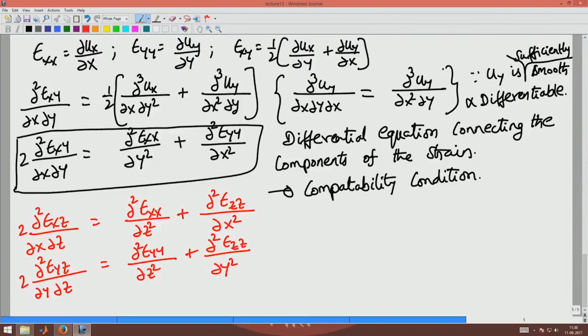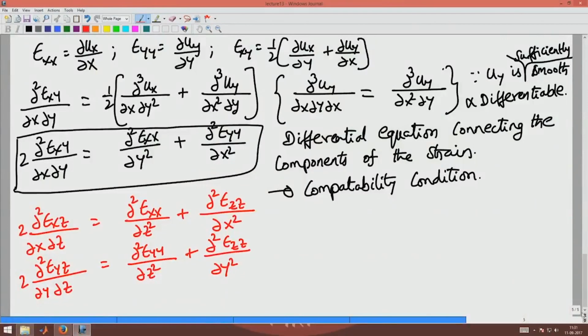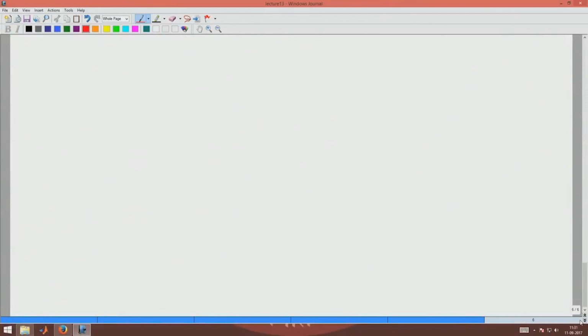Okay. So, this is if the strain is plane in the x and z coordinates or the strain is plane in the y and z coordinates. Apart from this, the general set of compatibility conditions in 3 dimensions, I will not derive.